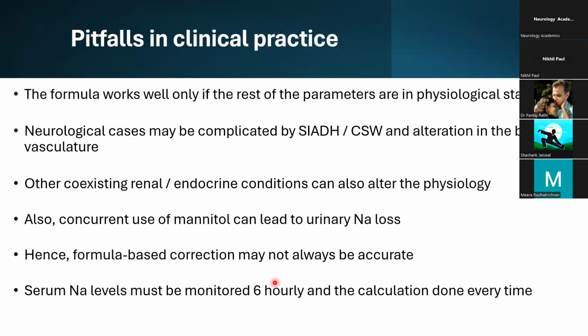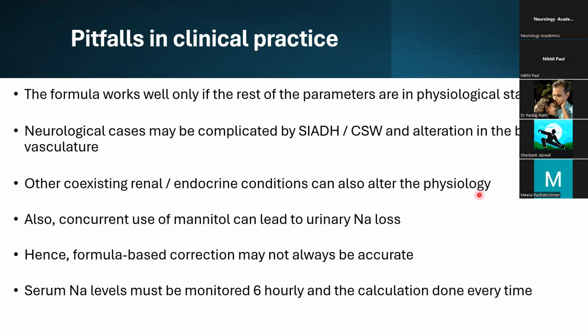So what are the clinical pitfalls we commonly encounter? As Sir said, this formula works well only when all of the other parameters are in a physiological state, because that formula is for hyponatremia correction. It doesn't take into account that many of these neurological cases are complicated by issues such as cerebral salt wasting or SIADH, and there are many alterations in the vasculature also.